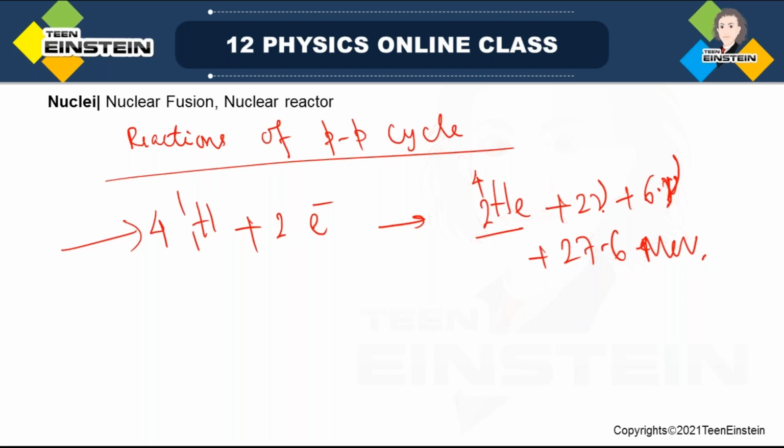Along with that, 6 gamma and 2 neutrinos, these are neutrinos, not gamma. Then 26.7 MeV energy will be released. So this is the proton-proton reaction.